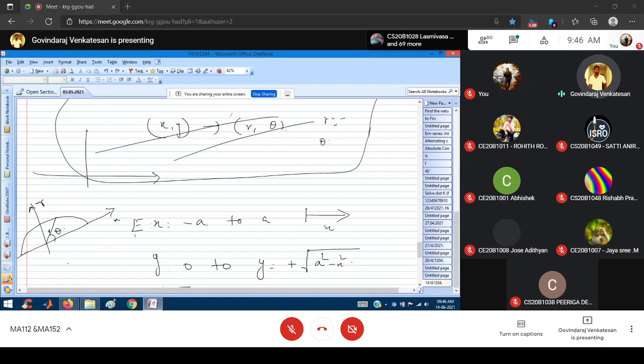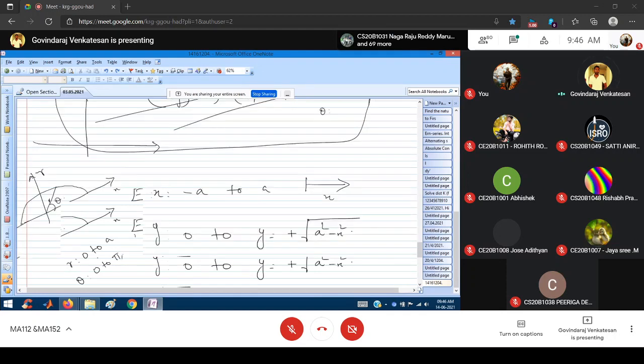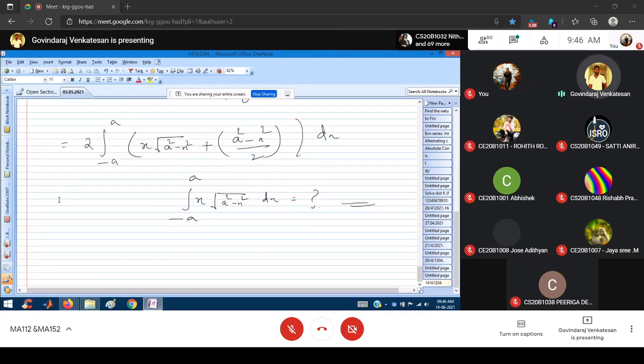So what is the value of r? r is running from 0 to a, and the value of theta is 0 to pi. So if you convert that into polar coordinates, you can write that integral as 2 times, r equal to 0 to a, and theta is 0 to pi.